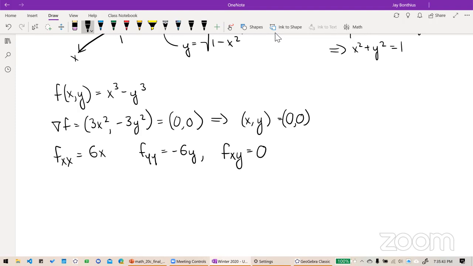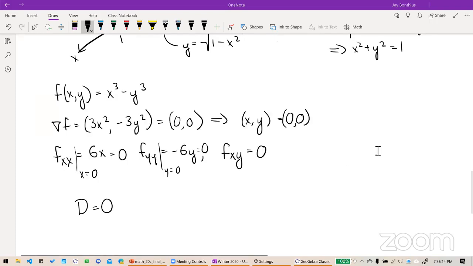Actually in this instance, this is inconclusive. At 0, 0, D here is 0, and f_xx was 0. So you can either have D be 0 or D be negative in the case that f_xx is 0. So, to clarify. Okay.